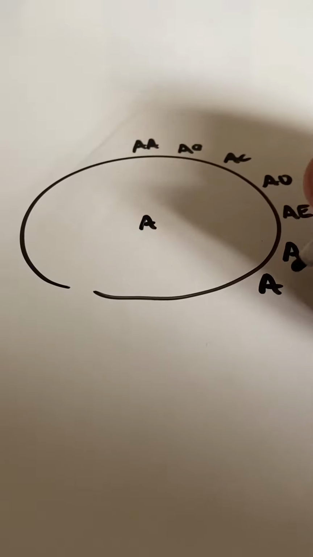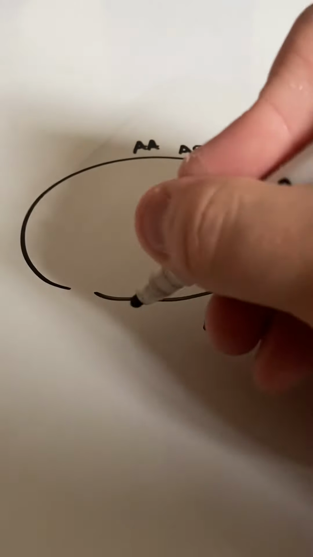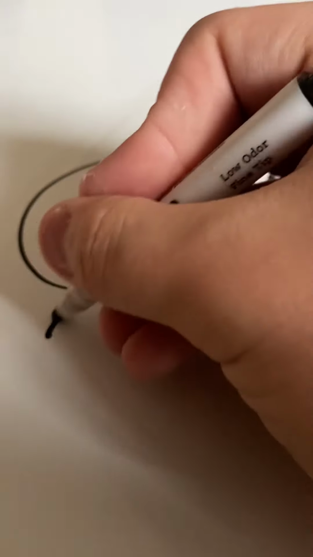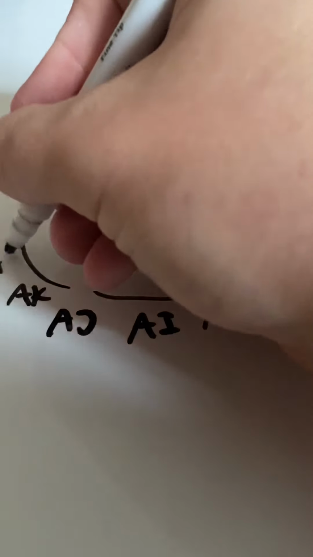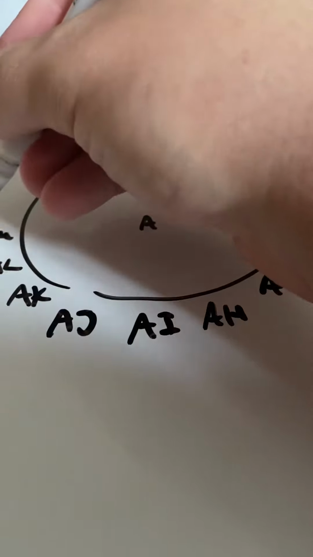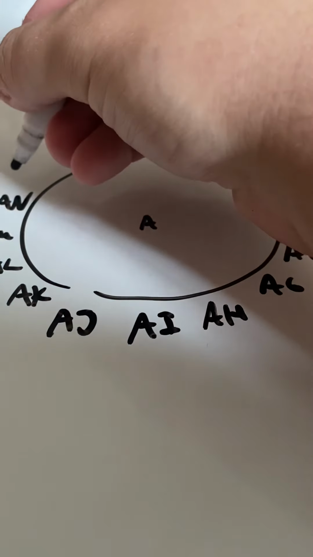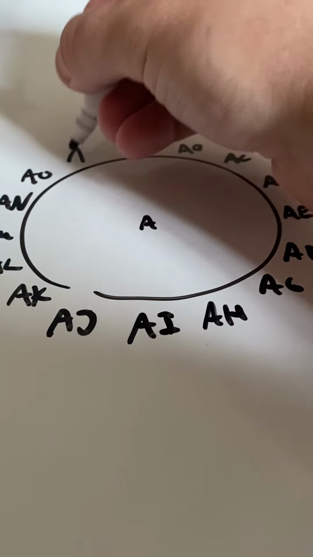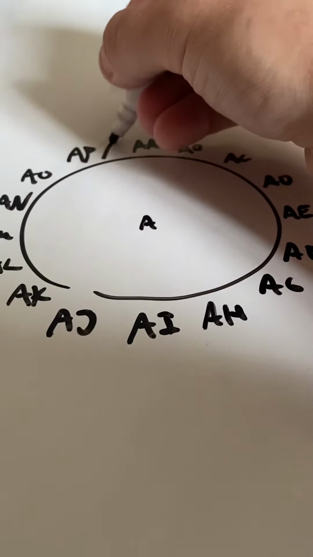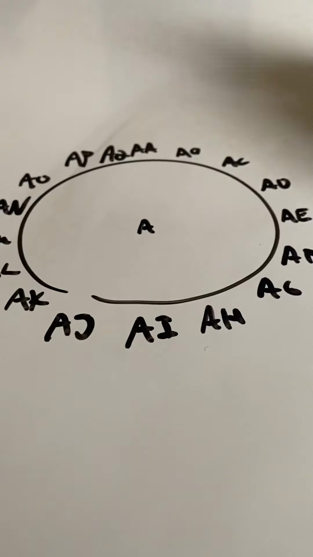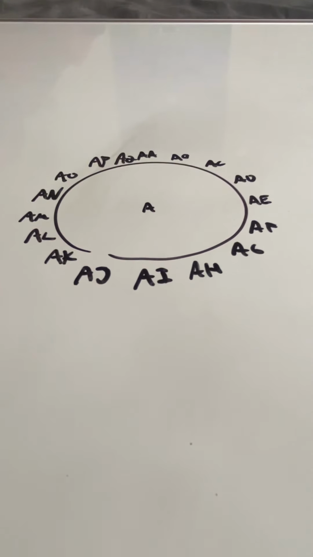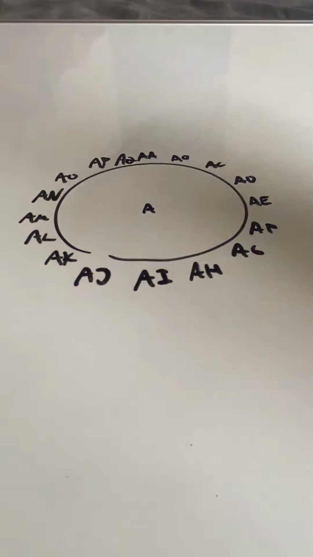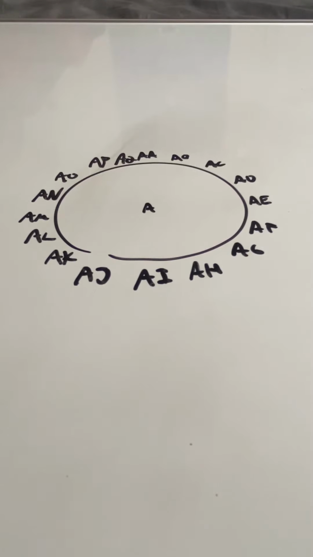AF, AG, AH, I, J, K, L, M, N, O, P, Q, and you can just keep going. It just can expand infinitely, which I find absolutely fascinating because that's exactly what I'm looking for.